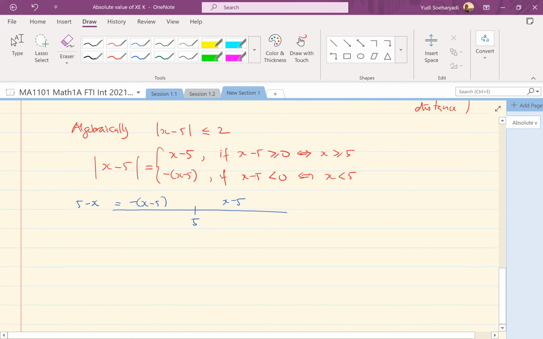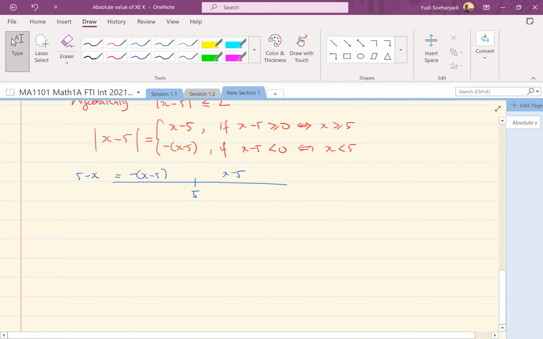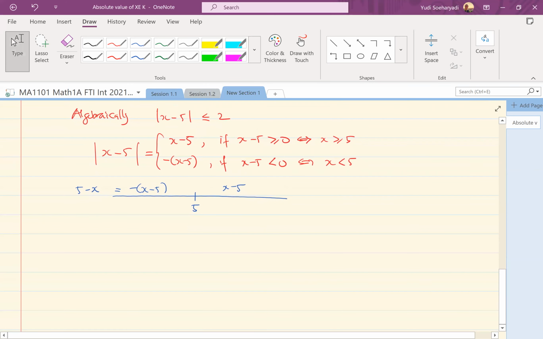So basically you have two inequalities now. To the right of 5, the inequality becomes x minus 5 no more than 2, and the second inequality is minus (x minus 5) no more than 2. So you're solving two inequalities at the same time, simultaneously.